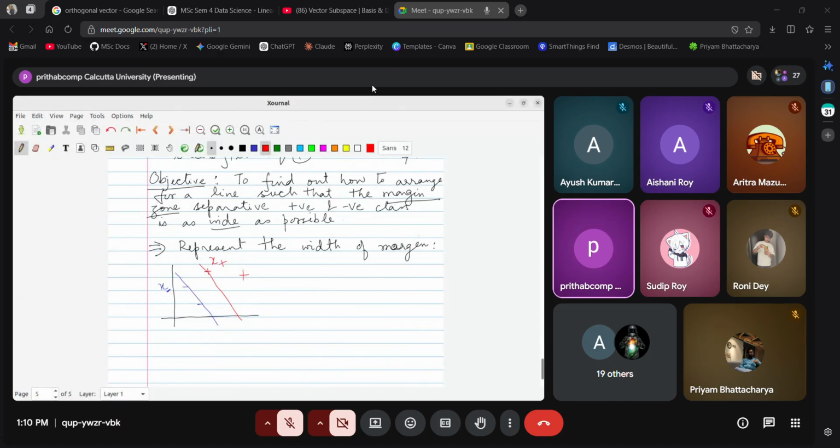I want to define this gap, this width, using these vectors.